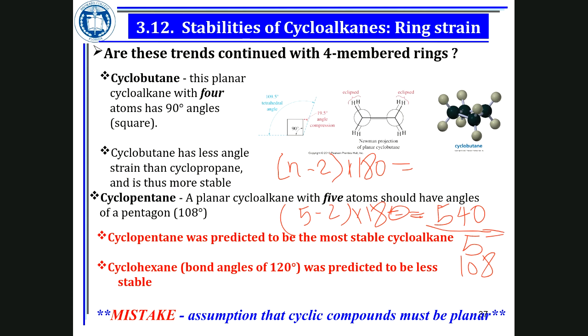The chair conformation is the most stable structure for cyclohexane. And how do you build the chair? You see these 4 carbon here at the same level. That kind of forms the seat for the chair. 1 carbon is coming up slightly.